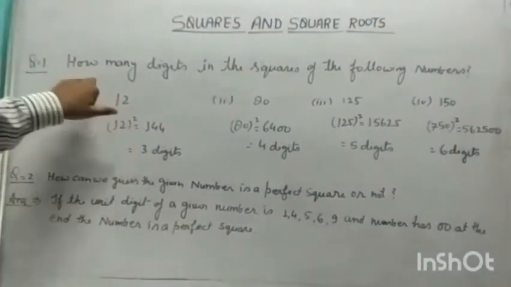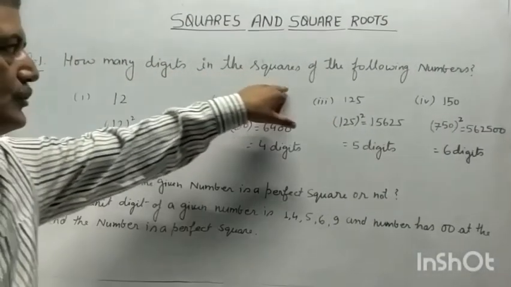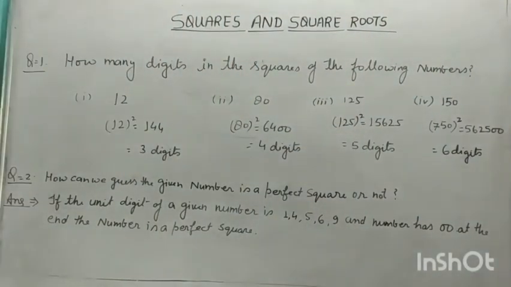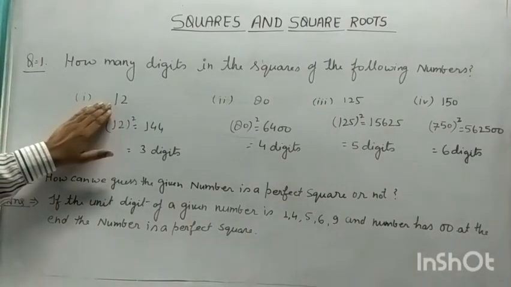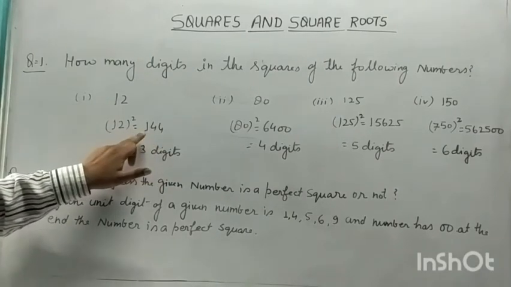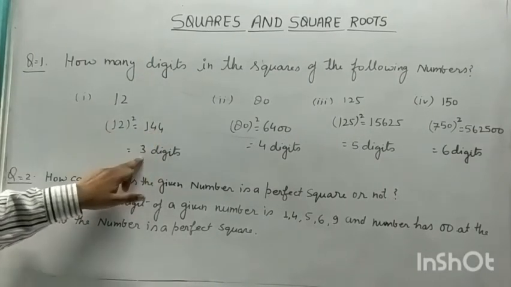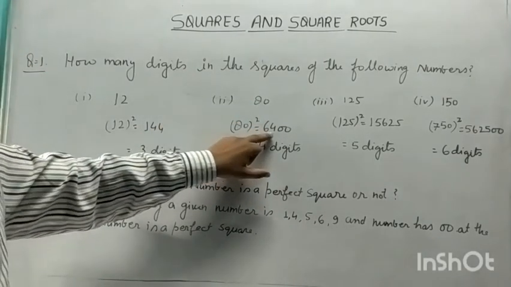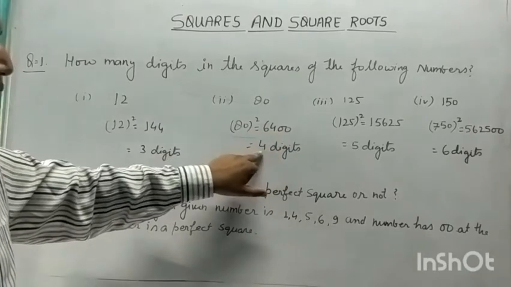Find how many digits are in the squares of the following numbers. How can we find how many digits are in the square of a given number? First, the square of 12 is 144. How many digits? 1, 2 and 3. 3 digits. Square of 80 is 6400, 4 digits.